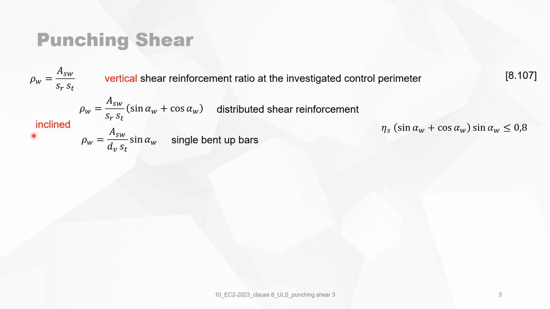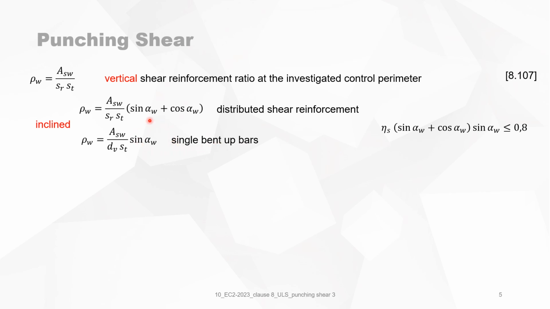For inclined shear reinforcement, of course, you have to multiply by the sine and the cosine of the angle made by the inclined reinforcement, which has an angle between 45 and 90 degrees.